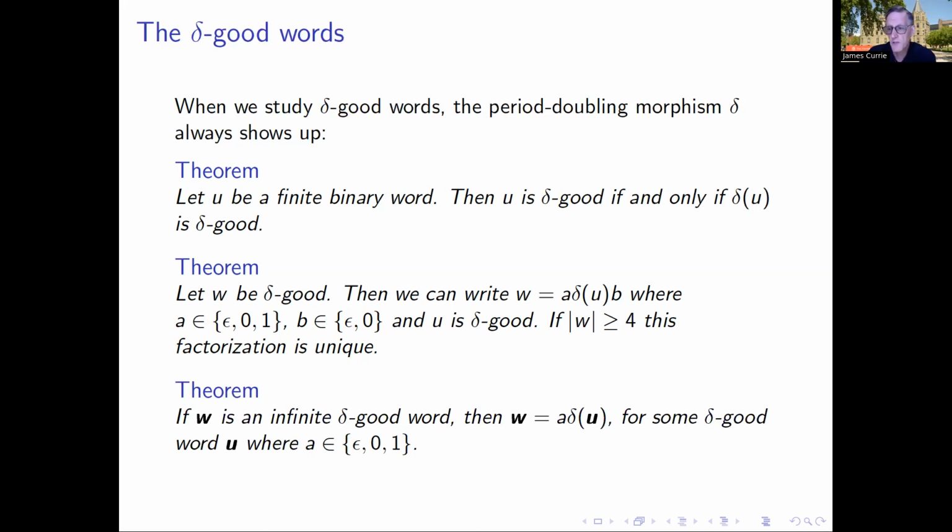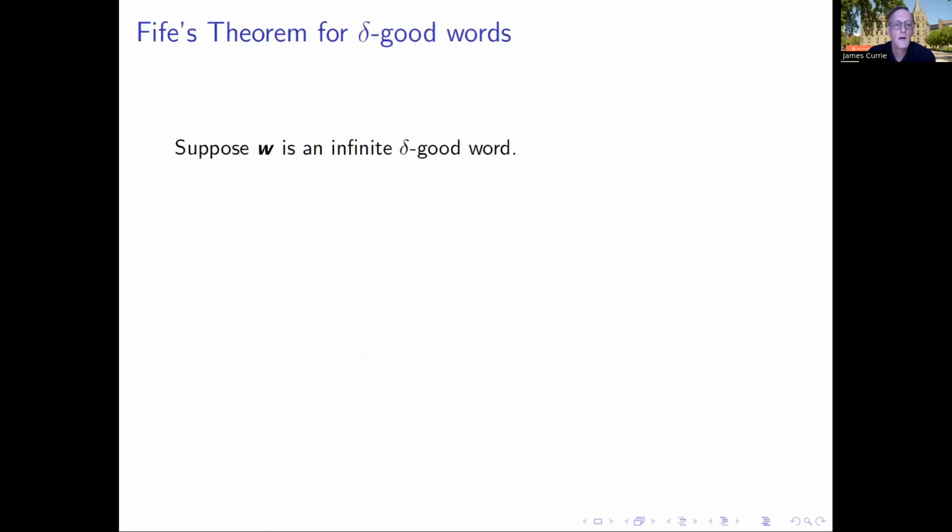We could prove something about lexicographically least words, but instead, let's look at some of the other typical Thue-Morse theorems. Let's look at Fife's theorem. Suppose W is an infinite delta good word. So by the previous structure theorem, we tack on a 0 or 1 possibly to a word which is the image under delta of an infinite delta good word.